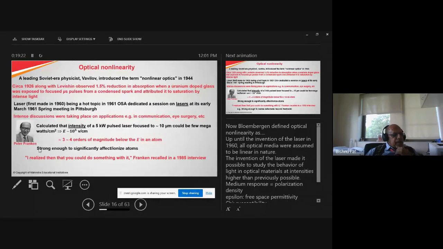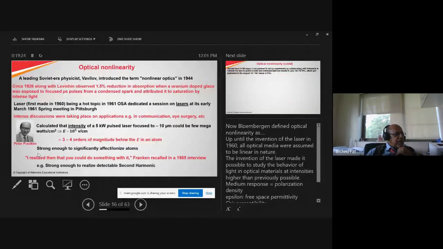Franken recalled it in an interview he gave in 1985. For example, it could be strong enough to realize a detectable second harmonic frequency or second harmonic wavelength due to nonlinear phenomena, the nonlinear dependence of refractive index of a transparent optical material.